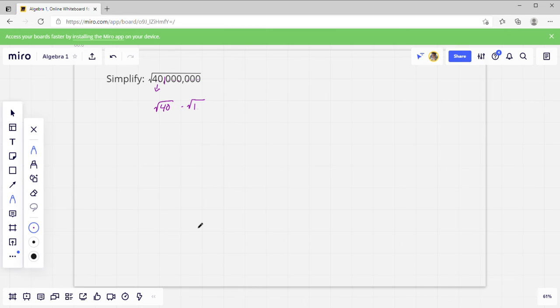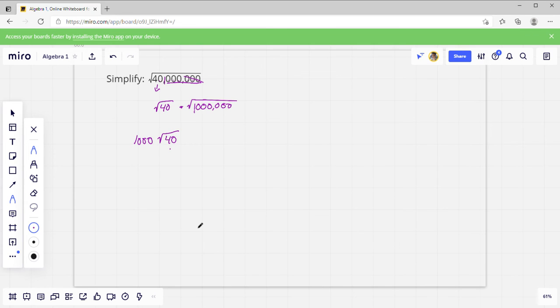Well, first we'll do 1, 2, 3, 4, 5, 6. Then when we pull that out, we're going to have half of 1, 2, 3, 4, 5, 6. See, we're counting all those zeros. We're going to use half of them, so that'd be 3 zeros. So 1, 2, 3 would be 1,000 times the square root of 40.